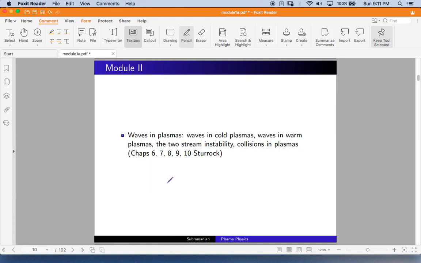Okay, right. The second module is still plasma physics. But we will be talking about waves in plasmas. Waves in cold plasmas, waves in warm plasmas, so on and so forth. So these will include the familiar light wave.